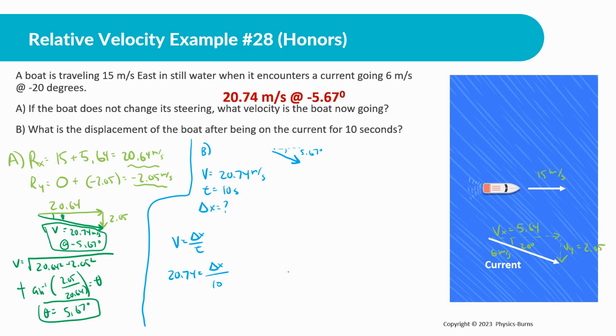And now we can say that the displacement is equal to 207.4 meters. But remember, displacement also accounts for direction, but it's going in the same direction as this velocity because that's the way it's moving. So that's going to be at negative 5.67 degrees.